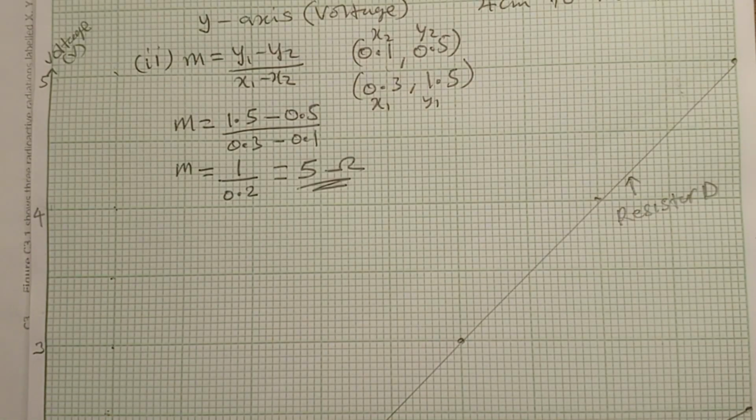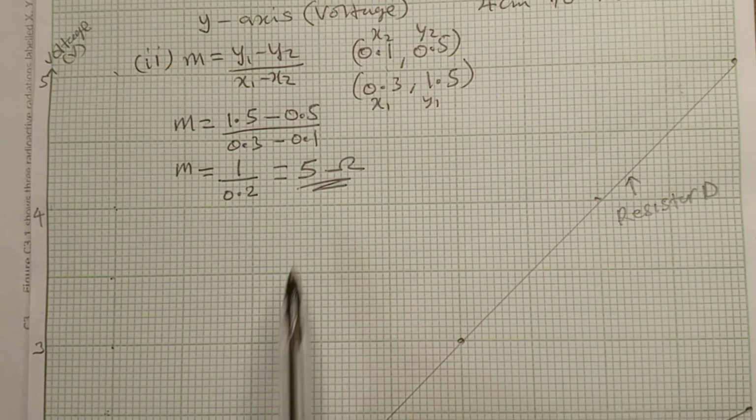Then part 3, using the graph plotted in B1, determine the resistor with a higher resistance. So now from here, it is very easy for us to determine between the two which one has the higher resistance. But now I want to show you using the calculations.